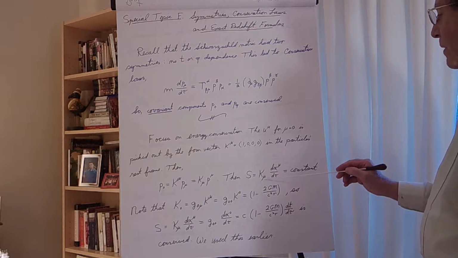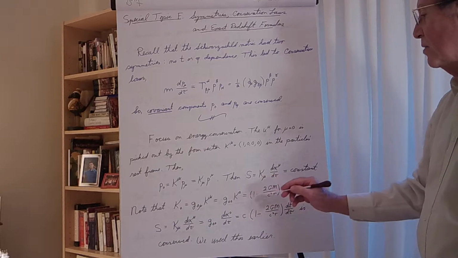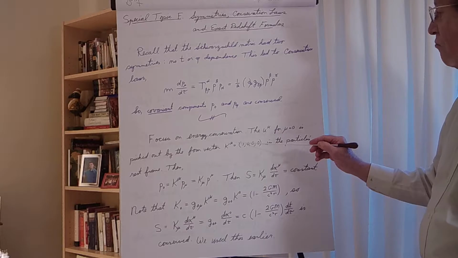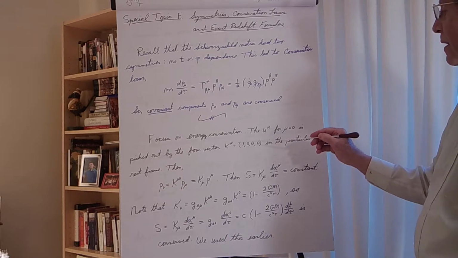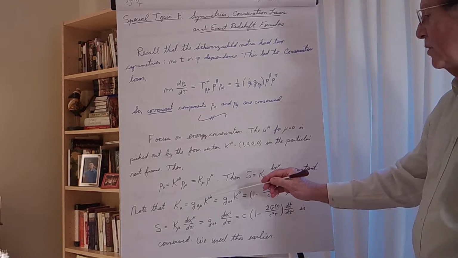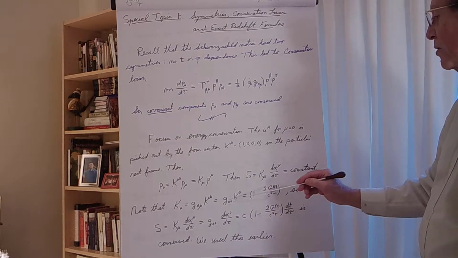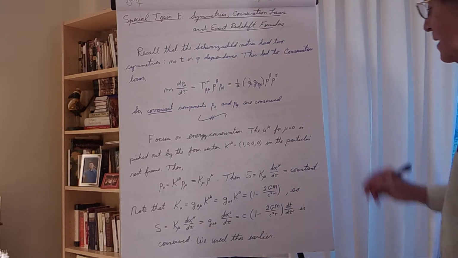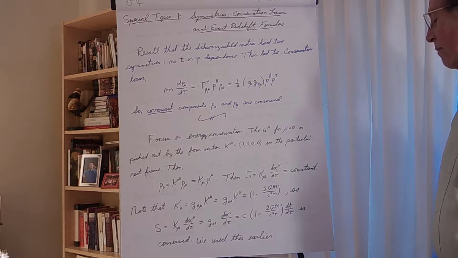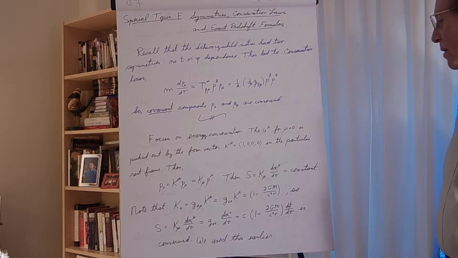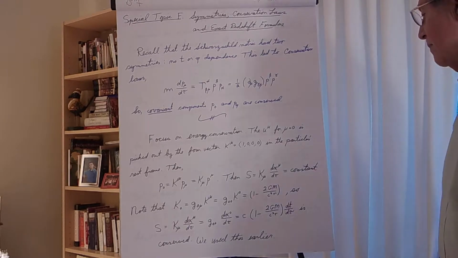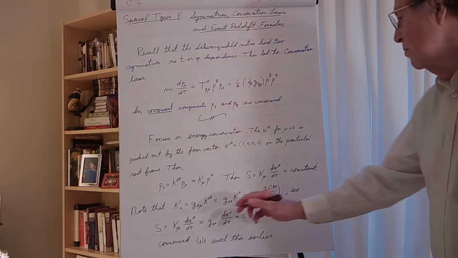If I lower the index on k, then it's related to the k direction that I introduced in contravariant notation by a g0 mu. That brings down a g00, and for the Schwarzschild case, we remember that. That's 1 minus the Schwarzschild radius divided by r. So there you have it.